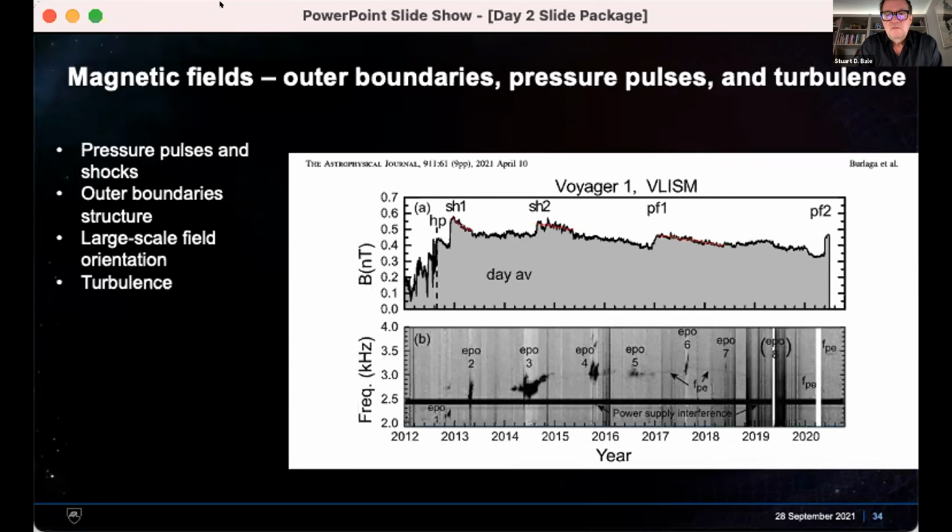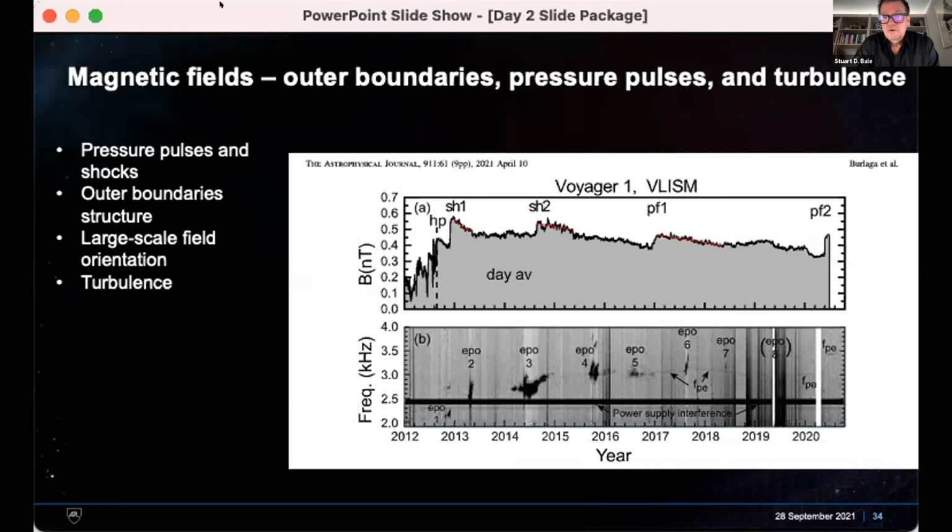There's dynamics. This is a figure from a paper that Ron Berlaga has published this year, showing these 1.5-year periodic pressure pulses in the magnetic field, and the association in the panel below it with Langmuir waves, essentially with keV energized electrons, presumably fast Fermi energized electrons that produce Langmuir waves in the PWS measurement.